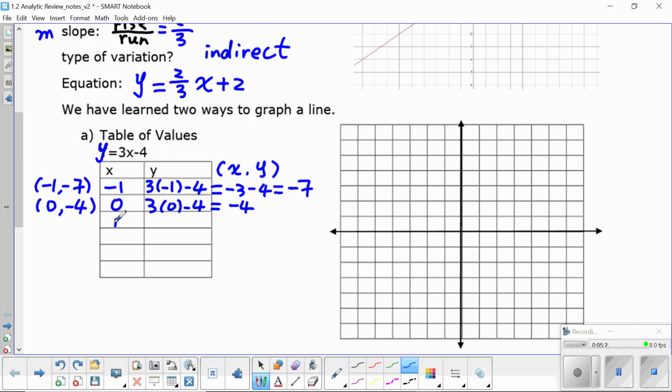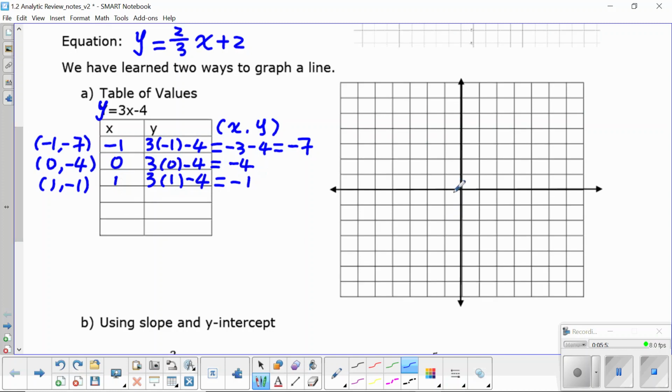Then do the same thing for x = 1: 3 times 1 minus 4 gives 3 minus 4, which is -1. So the point is (1, -1). You could continue to fill in this chart, but we know that for a line, 2 points are enough to graph it. We have 3 points, so the third point is for checking.